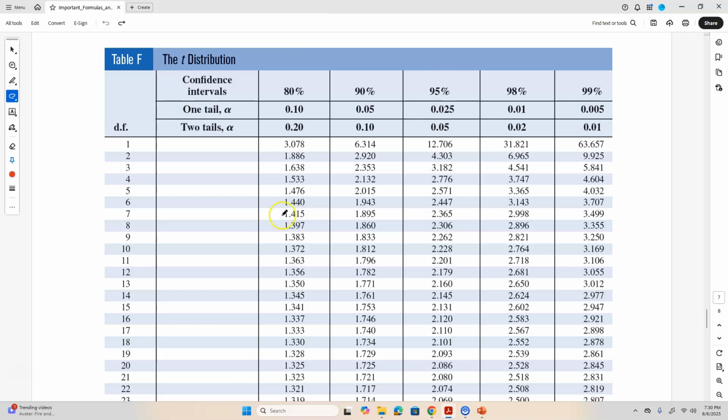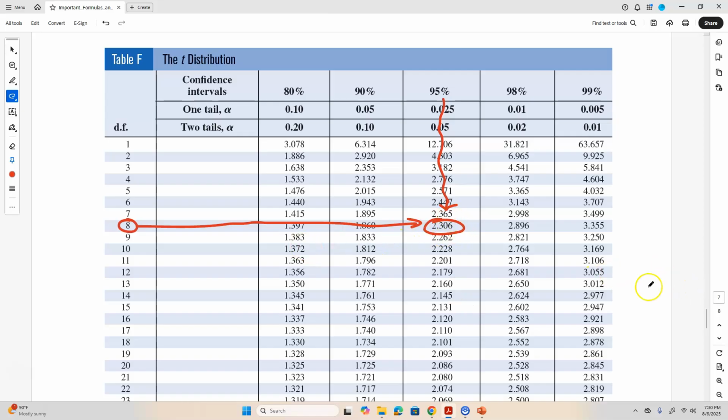So we have 95% again, so we're going to come down in this column, and we had degrees of freedom, not 9, that was the sample size, 1 less than the sample size, which is 8. So we're going to come over from 8 and down from 95%, and we find 2.306.